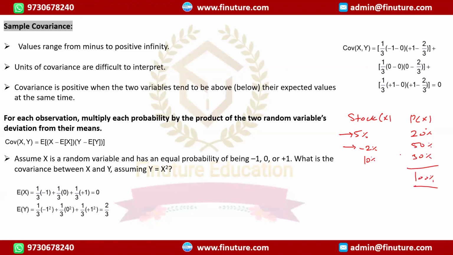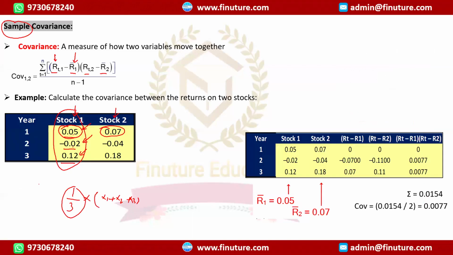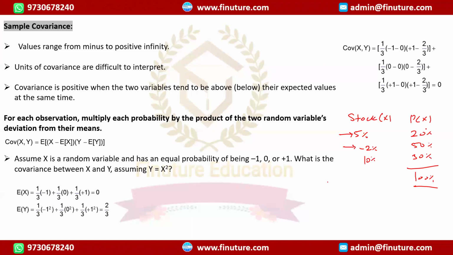In this case, earlier the probability of occurrence of each of these three was equal, that was 33%. Now, if you're given a data set like this, where the probability of 5% is 20%, of negative 2% is 50%, and of 10% is 30%, then the process is slightly different.